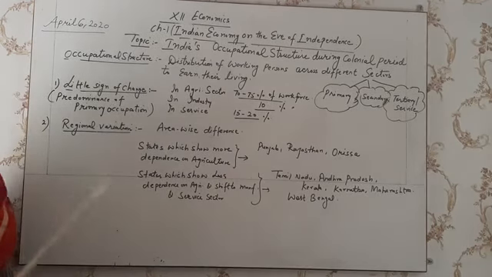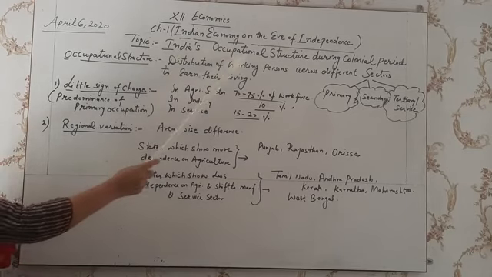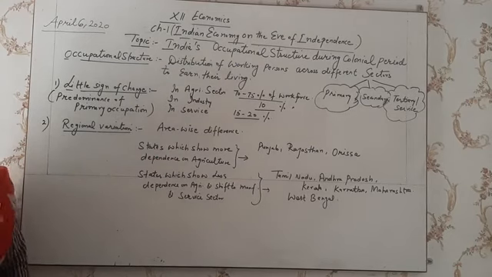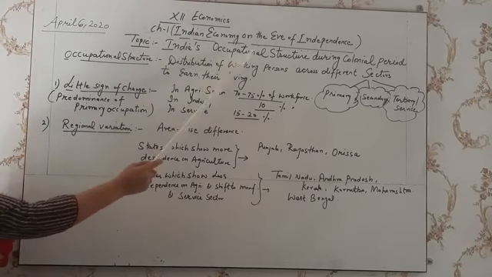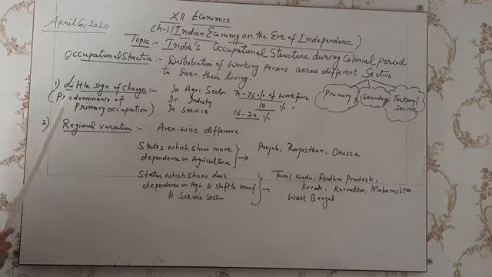Now we have to discuss India's occupation structure during the British period, during the colonial period. India's occupational structure was showing these features. First is little sign of change. What does it mean, little signs of change? It means primary sector was playing a dominant role at that time, meaning most of the people were engaged in agriculture.